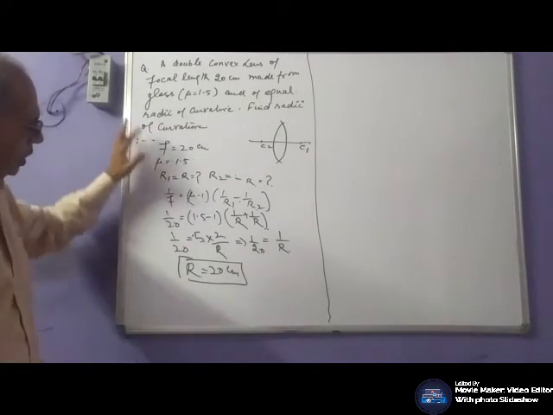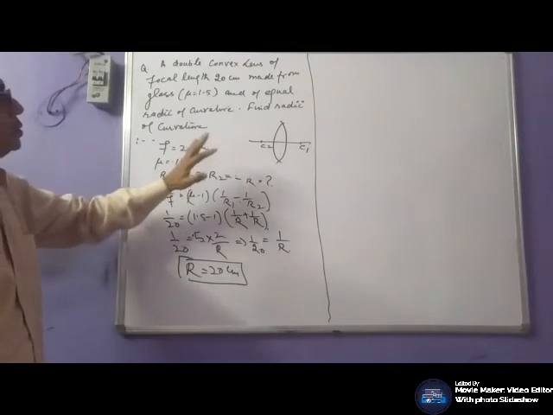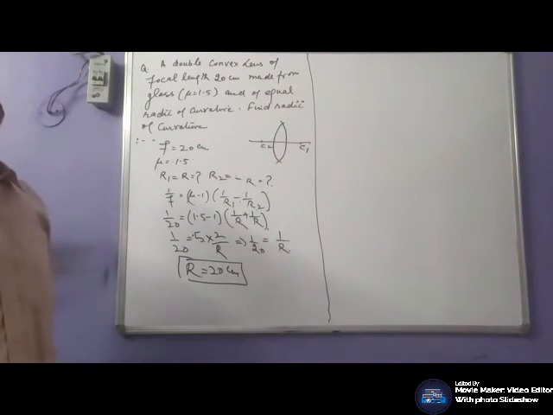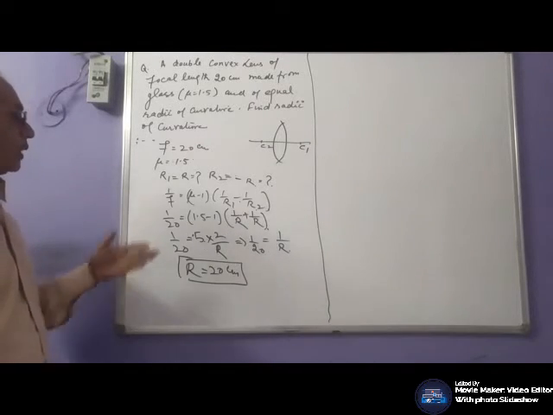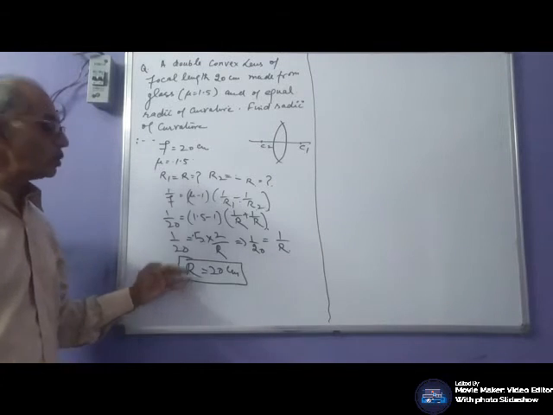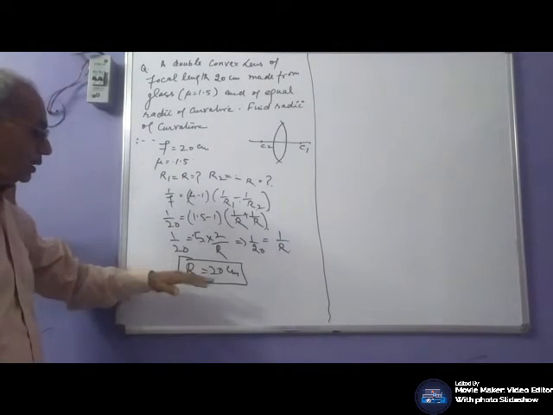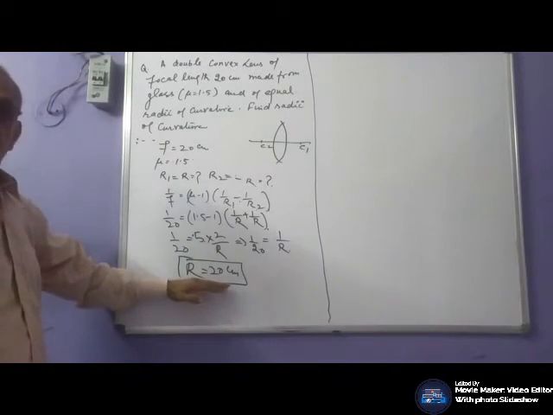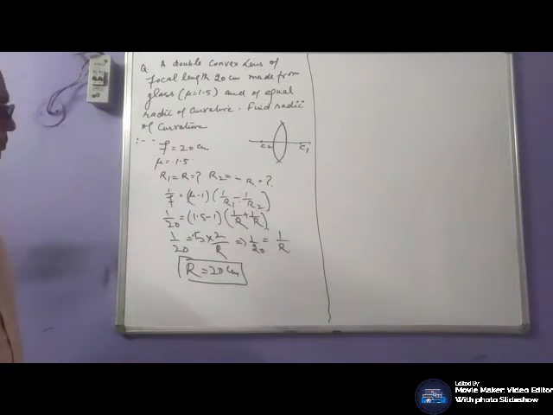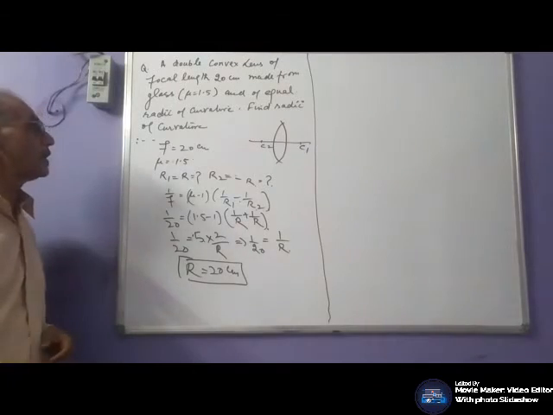The numerical is over. I just want to tell you why it is so called: by using this formula we prepare a lens of particular focal length by cutting radii from two sides. You get a lens.